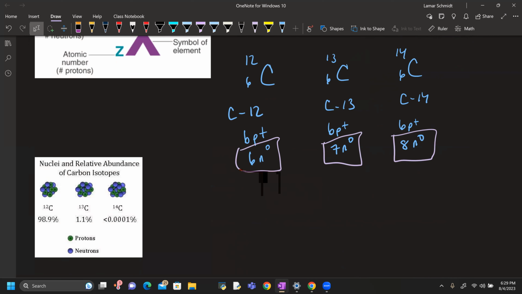What scientists do is take a sample of carbon and run it through a mass spectrometer, and they can determine how much of each isotope exists, even what types of isotopes exist.